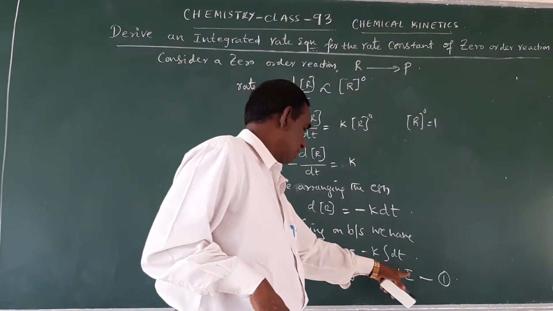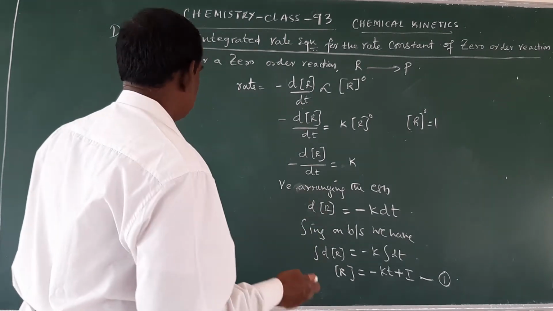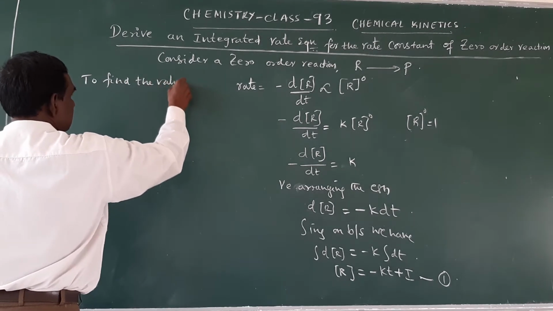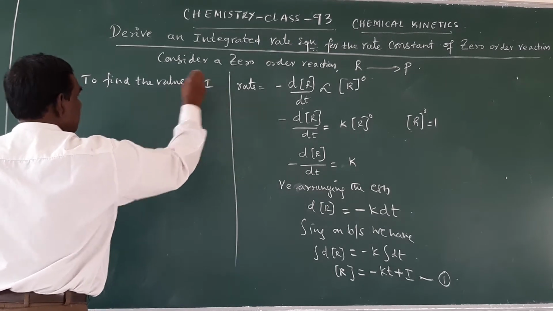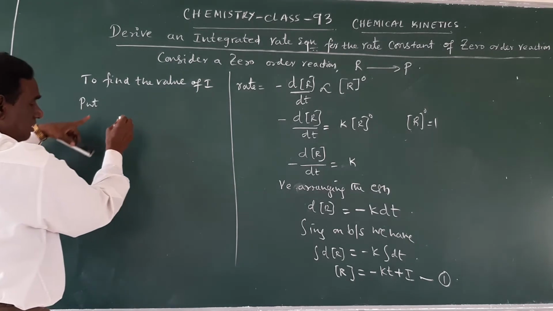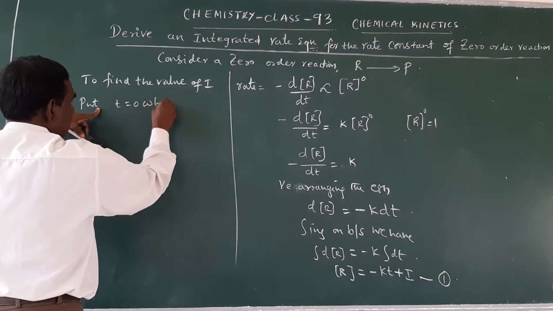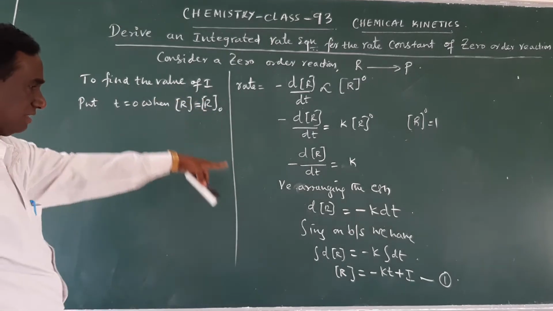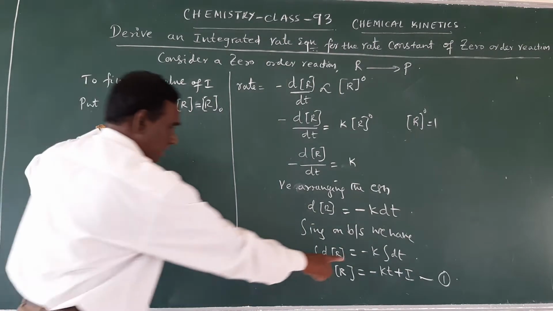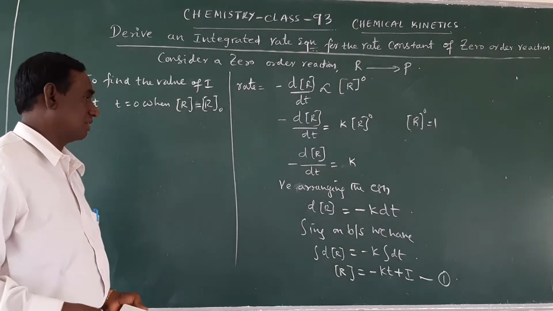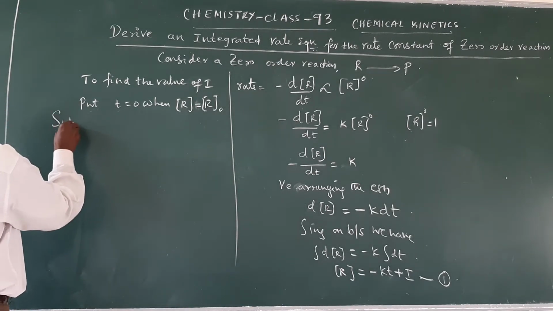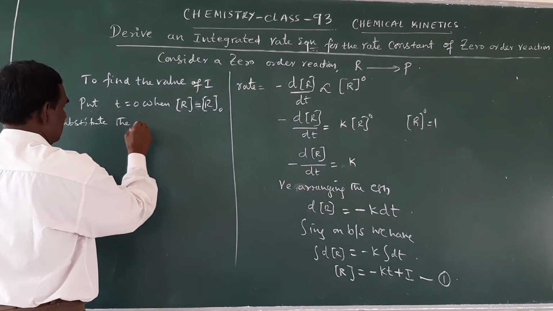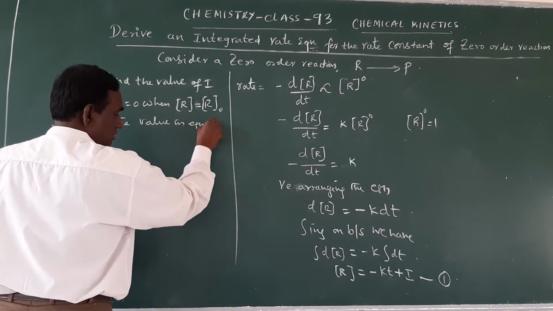Therefore, we also have to calculate the value of I. To find the value of I, put t is equal to 0 when the concentration of R is equal to R naught. Substitute the values in equation 1.